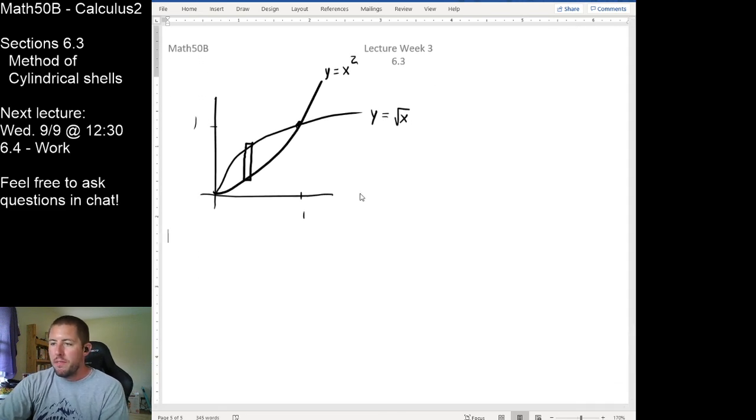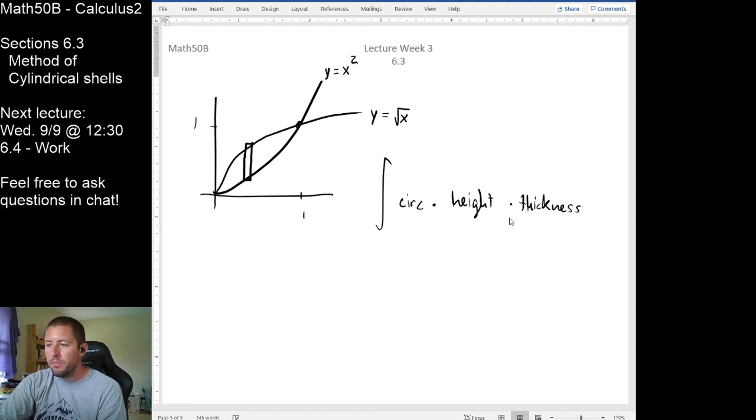So I know with my method of cylindrical shells, I want to think about the circumference times the height times the thickness. And you should probably literally write that as your first integral for every single thing for the shell method, because this is my organizing of my information right here.